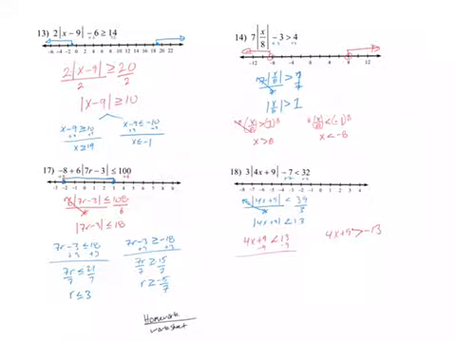Subtract 9. 4x is less than 4, dividing by 4. X is less than 1. That's half my answer. Subtracting 9. You end up with 4x is greater than negative 22.